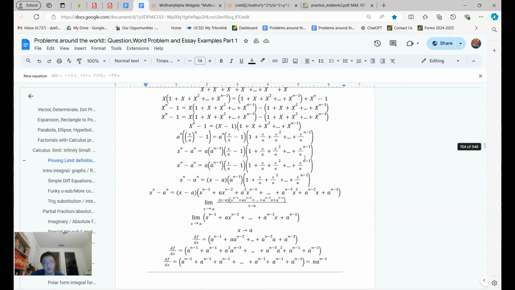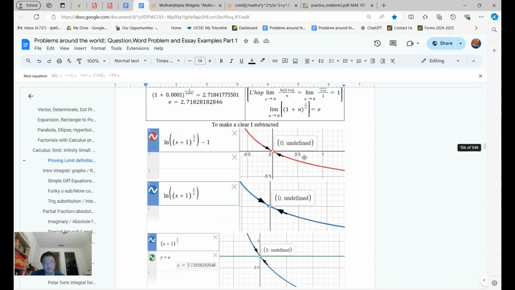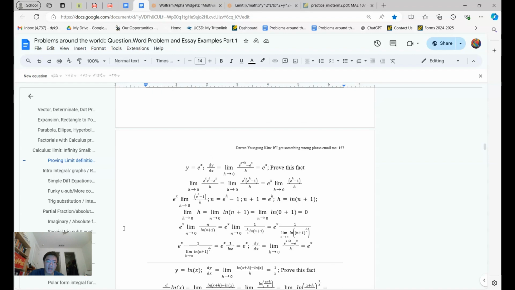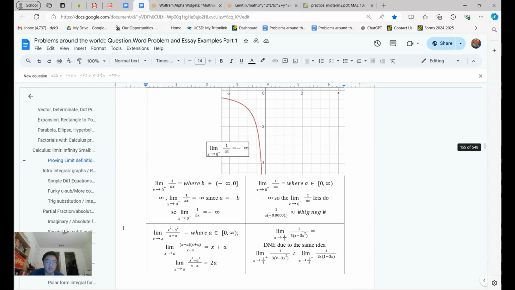Certain proofs like the chain rule, I didn't understand until 20E. At UCSD there's 20A, 20B, 20C, 20D, 20E. 20C was where I formally understood it, but I didn't understand it from 20A, which I learned in high school, because I didn't have the proofs. Once I realized the proofs, it made sense.